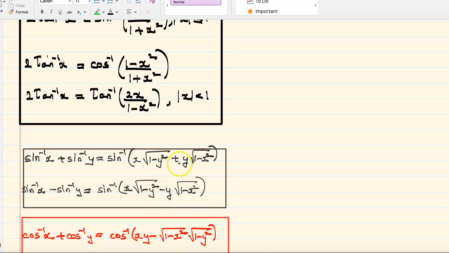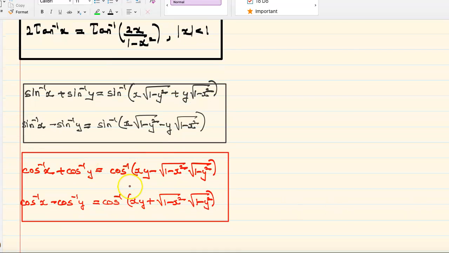So there is only a difference of plus and minus here.